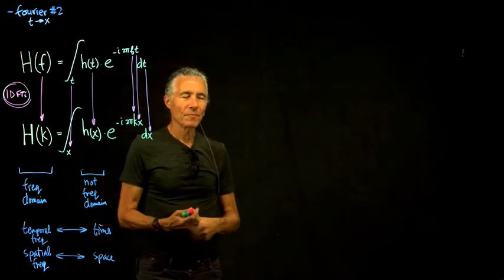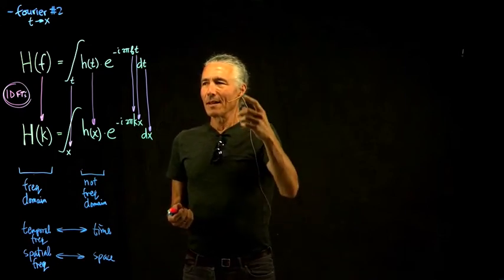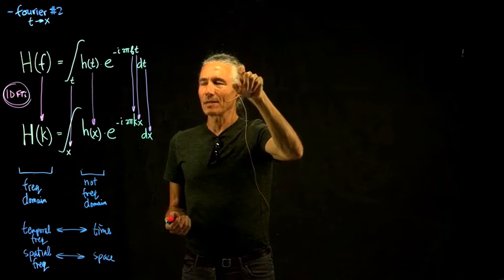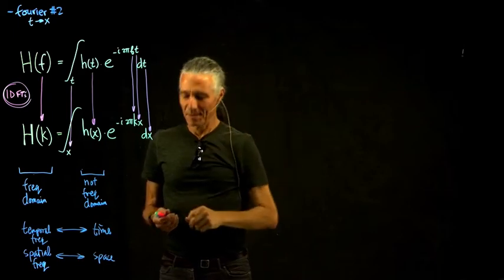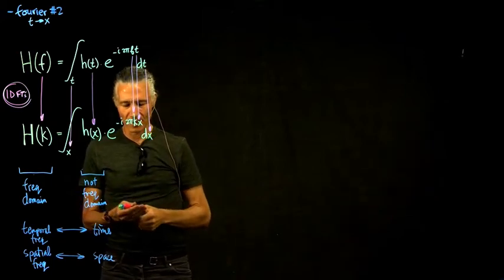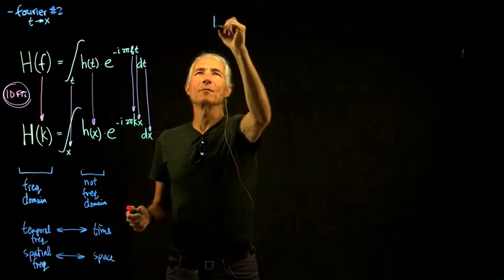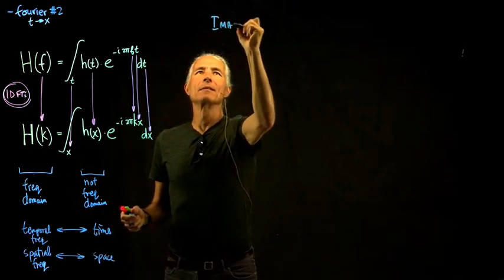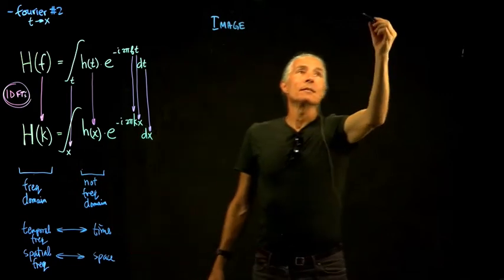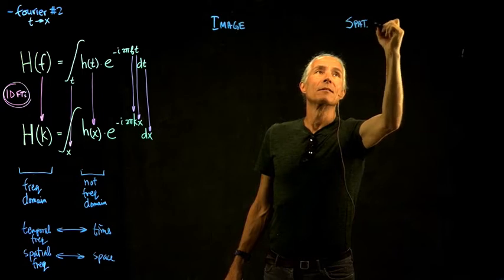But there's 10 different ways of looking at the same thing, and each of these 10 things has 2 dimensions to it, x and y, just for a 2-dimensional Fourier transform. So we'll start off. Here's the image domain, so that's not frequency. And then here's the spatial frequency, k-space.